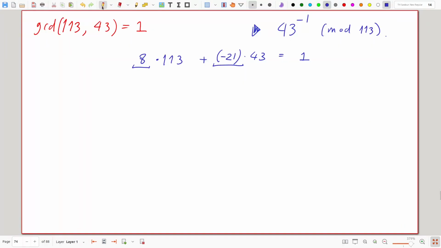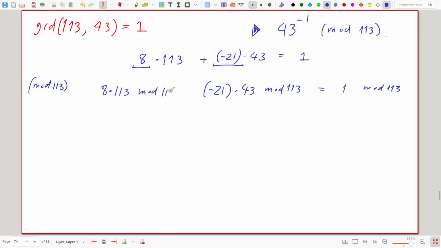Okay, so I can take modulo 113 of the whole thing. If I take the whole thing modulo 113, these terms go to 0 because 113 mod 113 is 0, right? So I get minus 21 times 43 mod 113 equals 1 mod 113, because the first term, 8 times 113 mod 113, is 0.